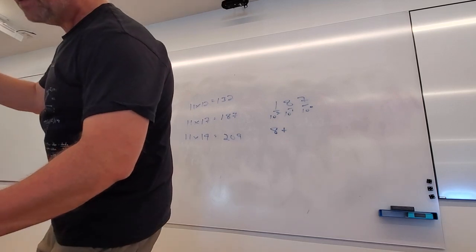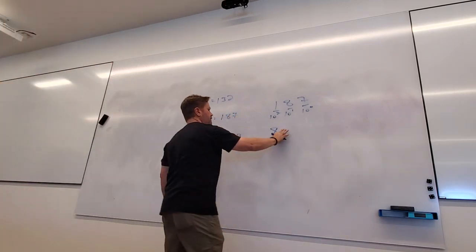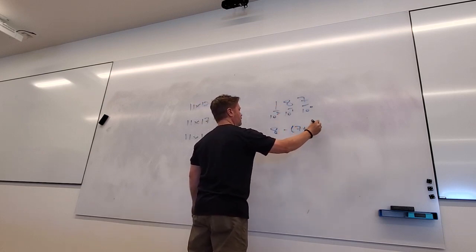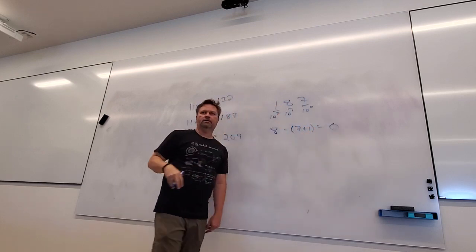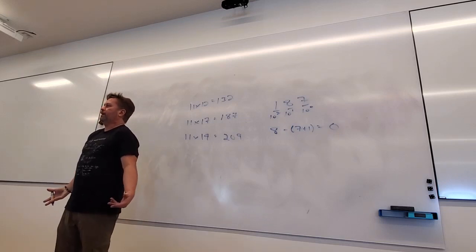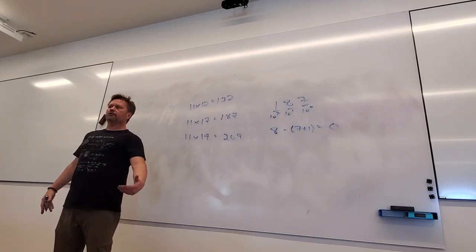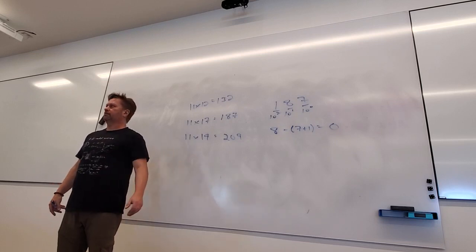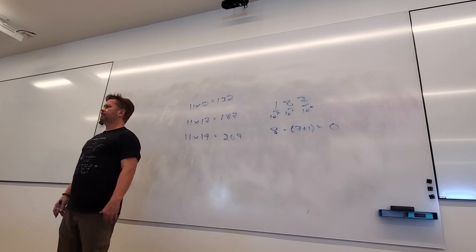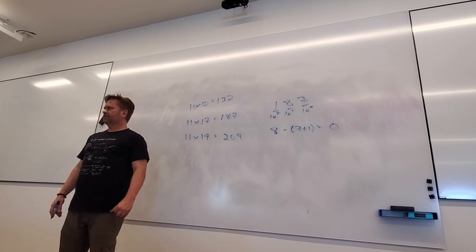Divides the difference of the sum. Okay, so this would be 8 minus 7 plus 1 is 0. And 0 is trivially divisible by everything. What's 0 divided by 8? 0. Right? You guys with me?